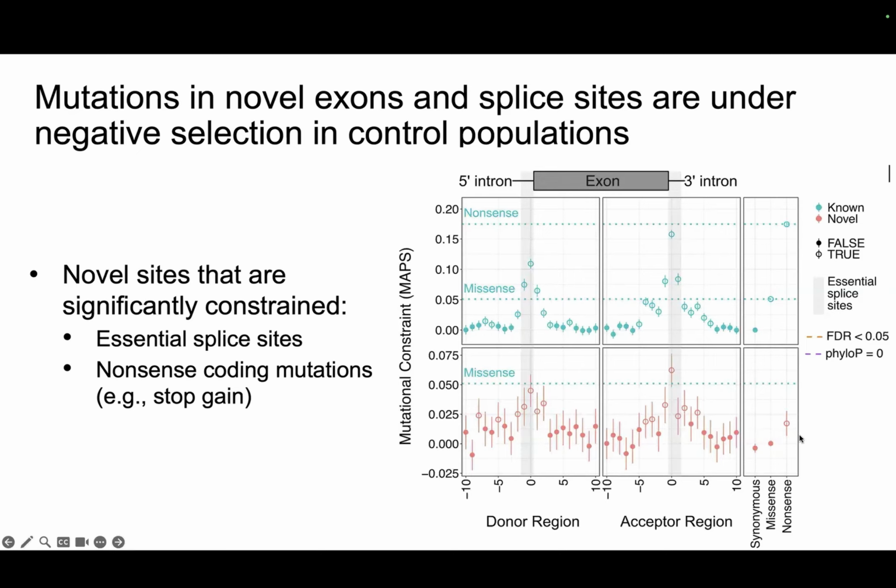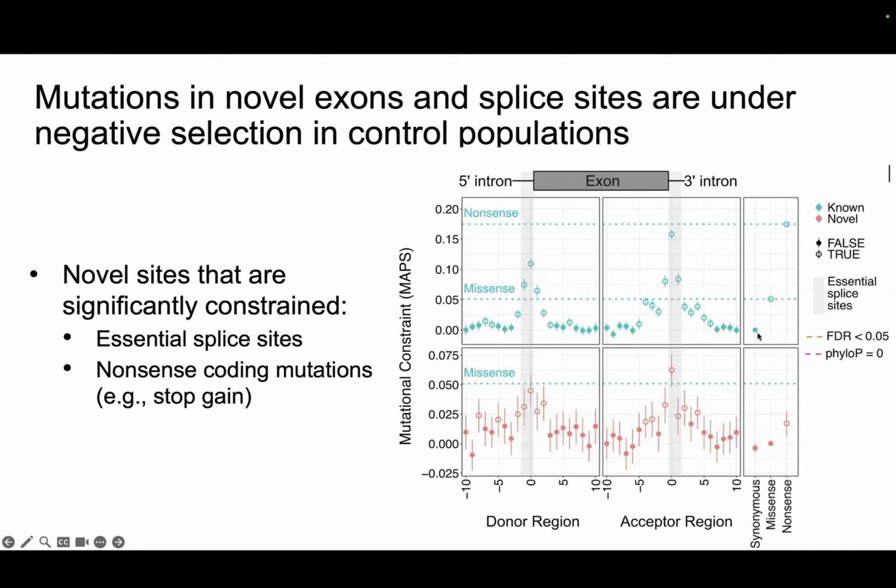Lastly, we can look at the mutational constraint in novel isoforms that code for nonsense mutations. These are much less mutationally constrained than nonsense variants in known isoforms, but they're still under significant mutational constraint compared to synonymous mutations.